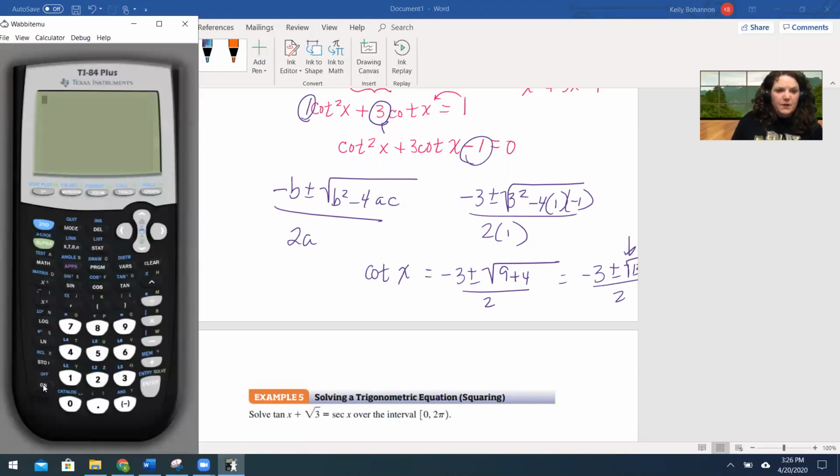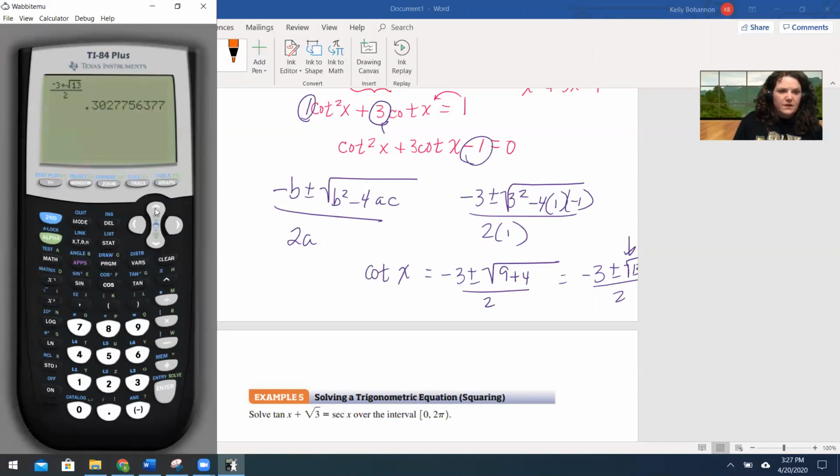I'm going to put in a fraction bar, -3 plus, it won't let you do plus minus, so square root of 13 over 2. That's one of my answers to the quadratic formula part. It's not your answer to your problem yet.